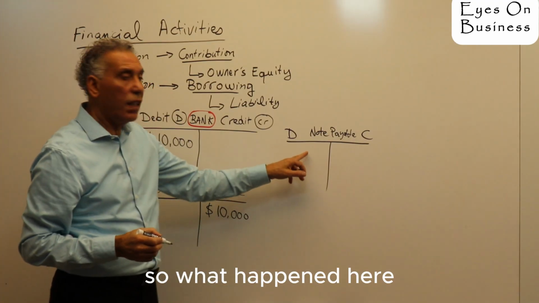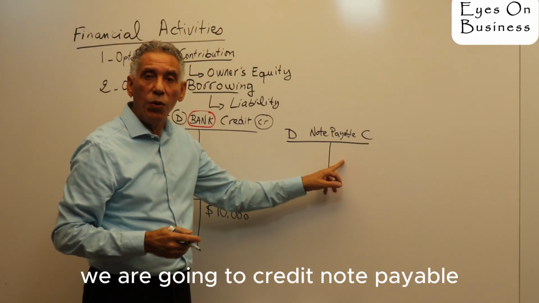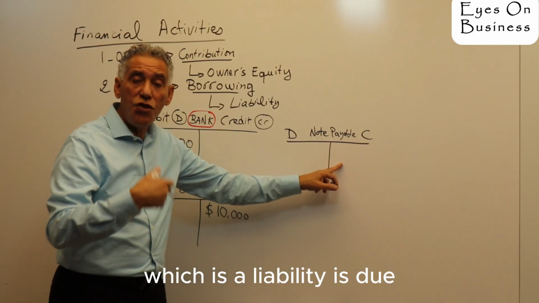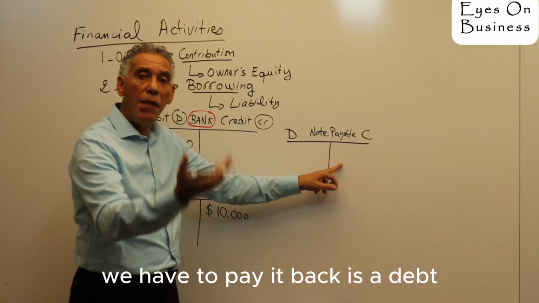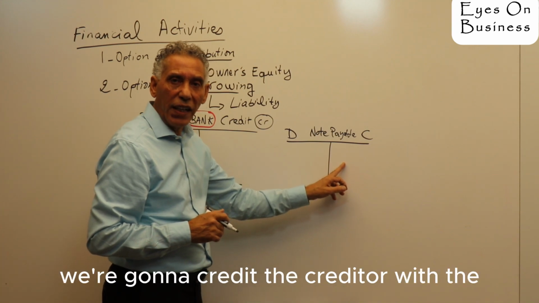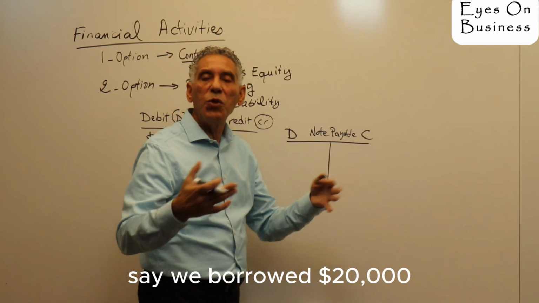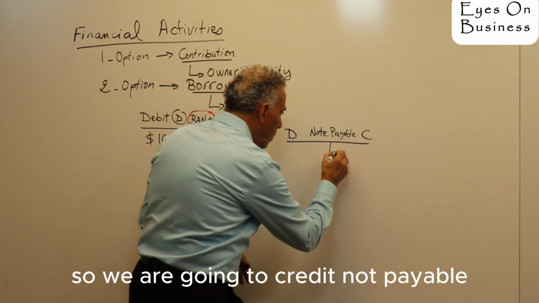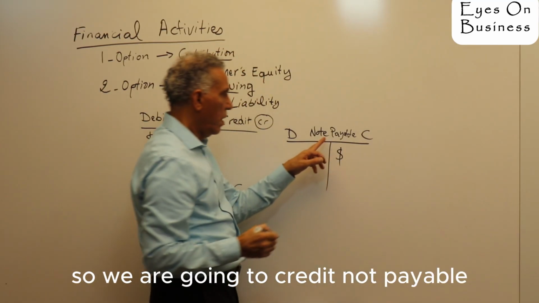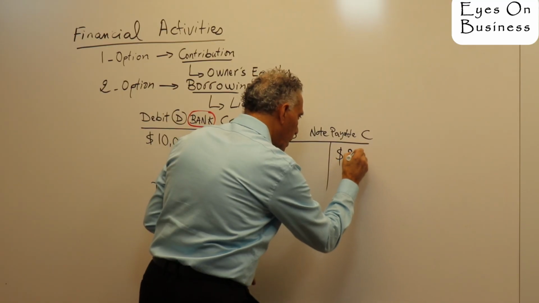So what happened here? We are going to credit note payable, which is a liability. It's due. We have to pay it back. It's a debt. So in that transaction, we're going to credit the creditor. Let's say we borrowed $20,000. So we are going to credit note payable, which is a liability, $20,000.